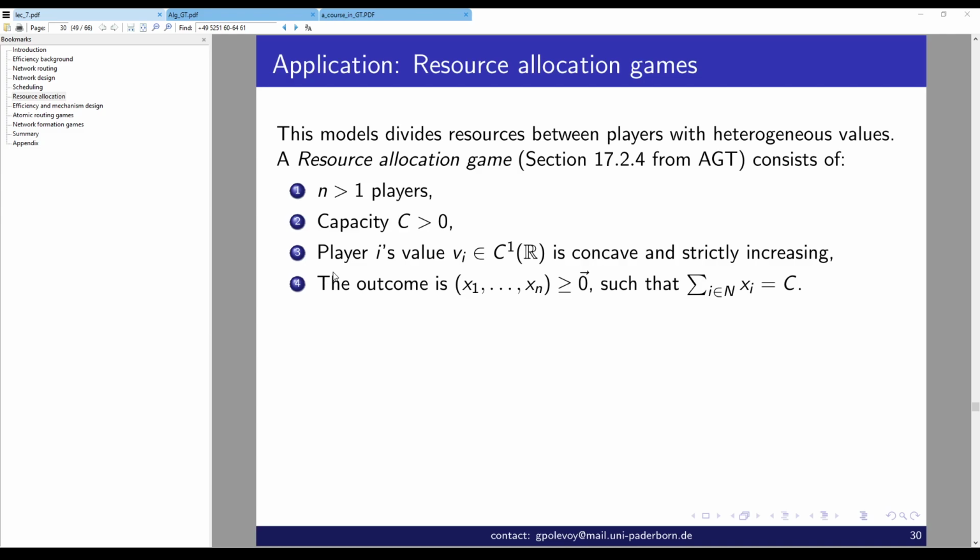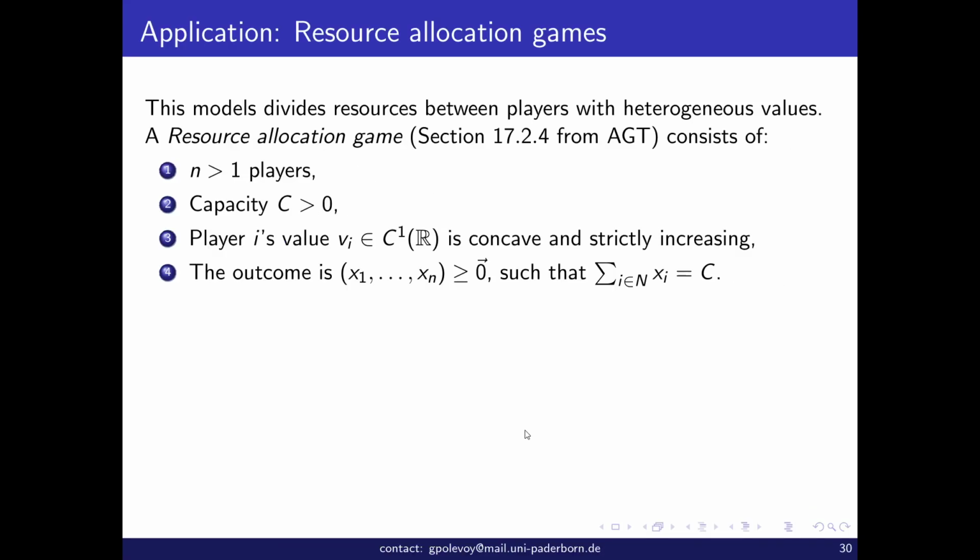That's what I mean by C1 of R. We also assume it's concave and strictly increasing. We are not going to delve now into the technical conditions, but they're important for analysis.